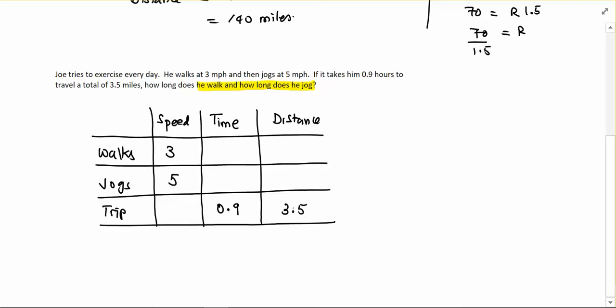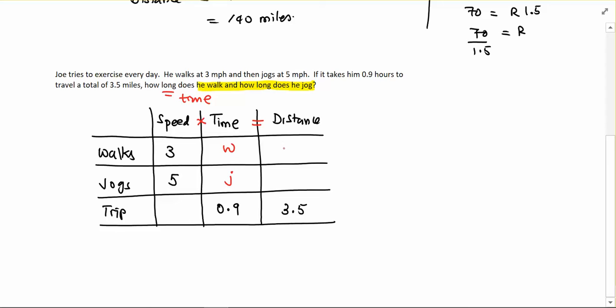It asks how long he walks and how long he jogs. We don't know those times, so time for walking, let's call that W, and time for jogging, let's call that J. We do know that distance is equal to speed times time.